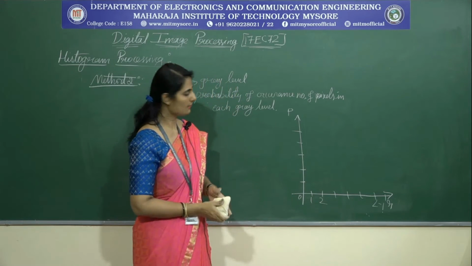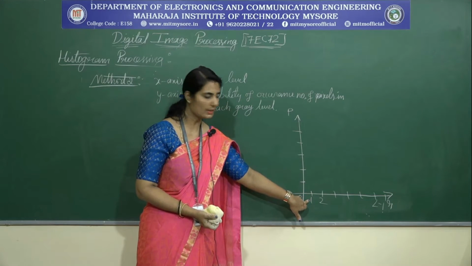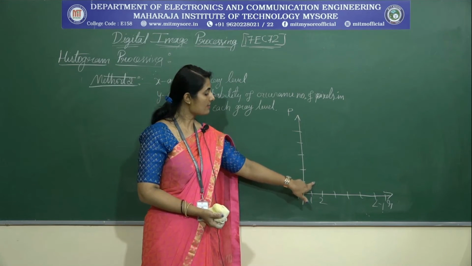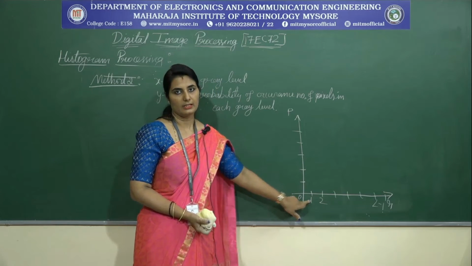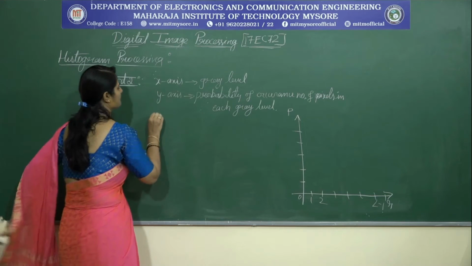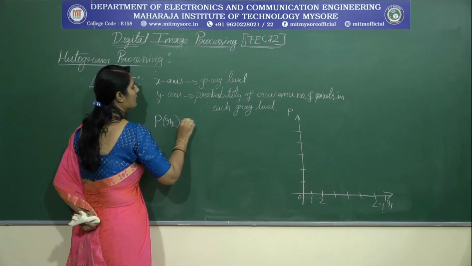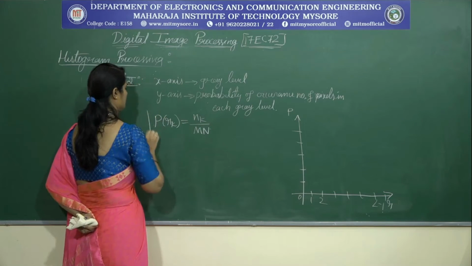Here in this case we will not simply find the number of pixels having this particular intensity level, whereas we find the probability of occurrence of that number of pixels with that particular intensity level. So mathematically this can be represented as P of Rk is equal to Nk by Mn.